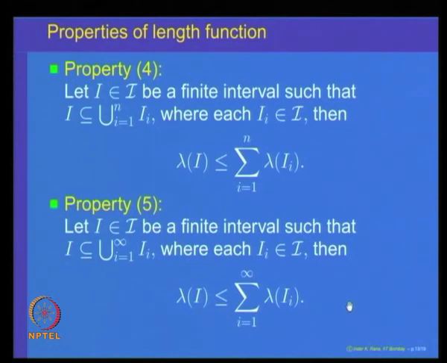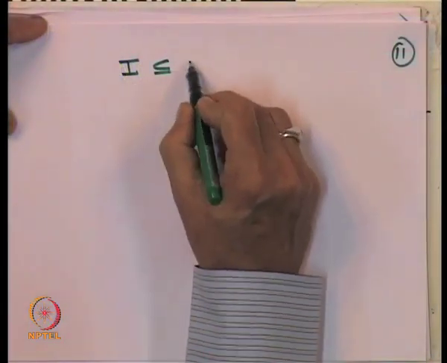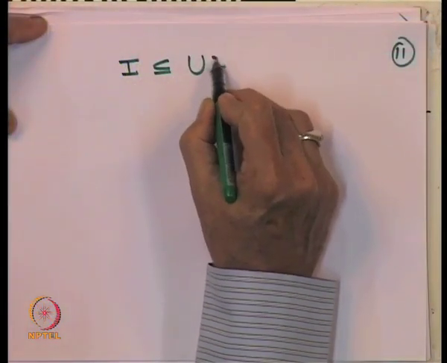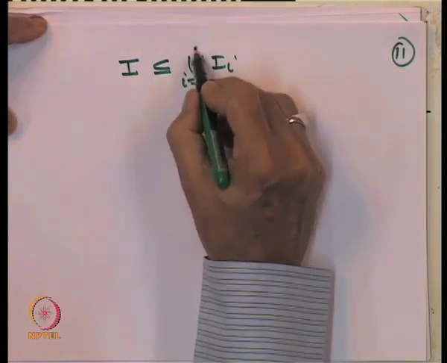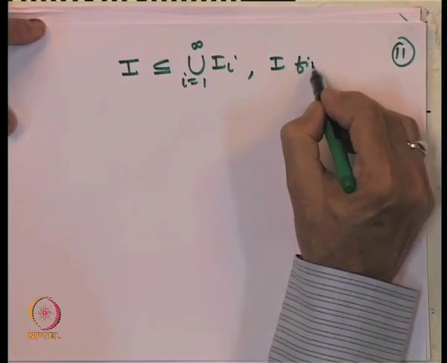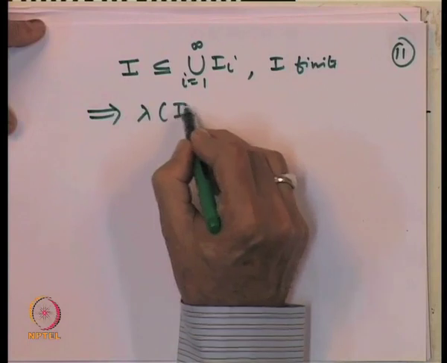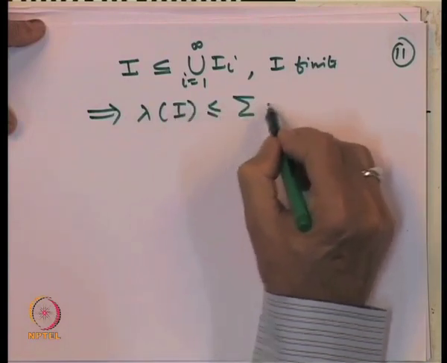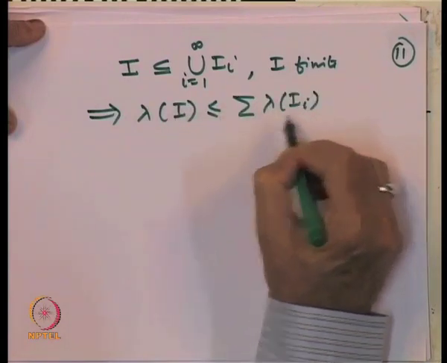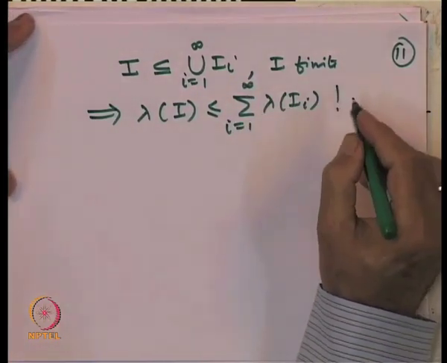So, let us prove this property, and keep in mind here we are assuming our interval I is a finite interval. So, interval I is contained in the union of intervals I i's, i equal to 1 to infinity. This implies length of I is less than or equal to summation length of I i's, i equal to 1 to infinity. This is what we want to prove.